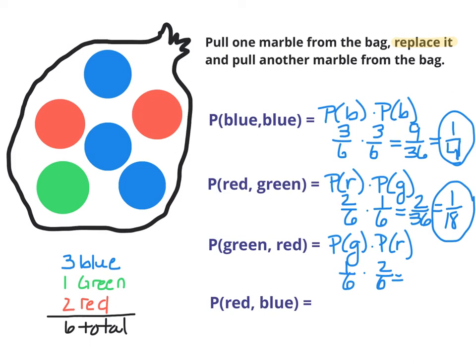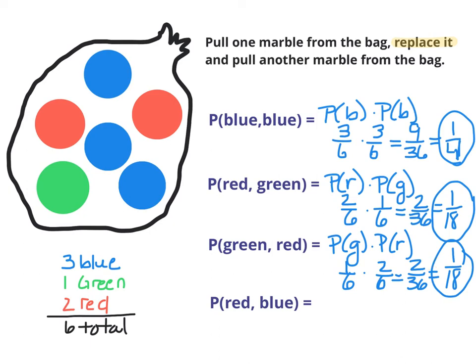And again, we simplify or multiply this fraction. 1 times 2 is 2, 6 times 6 is 36, and when we simplify it, we get 1 out of 18. And if you notice, they are the same probability. It did not matter if we pulled red first and then green, or green first and then red. We still got the same probability, 1 out of 18 chances.